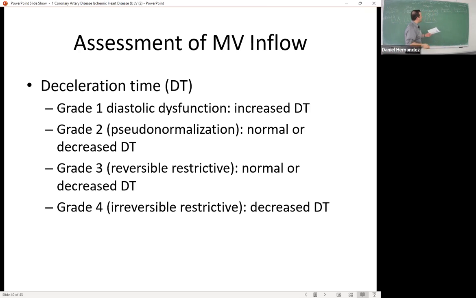This is our reversible restrictive filling pattern. So here we have a large E and a small A, and it's a significantly larger E wave.